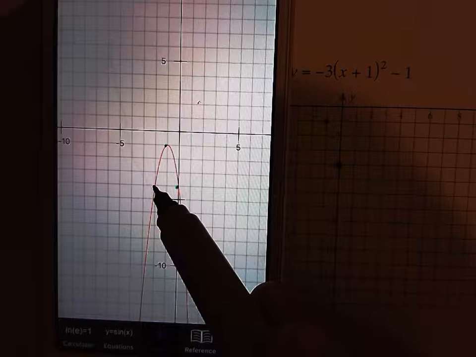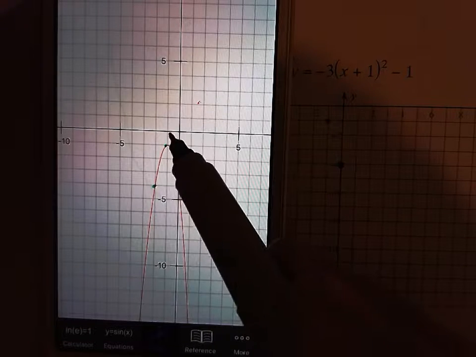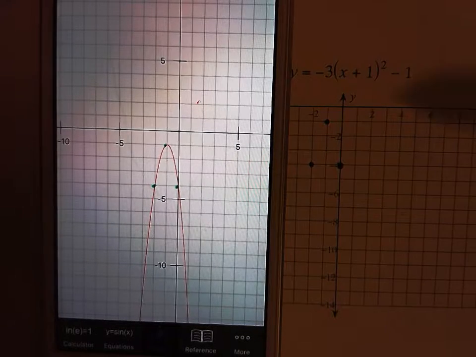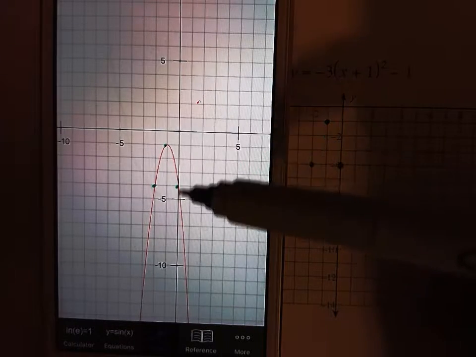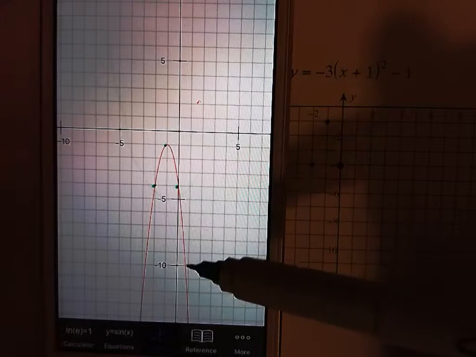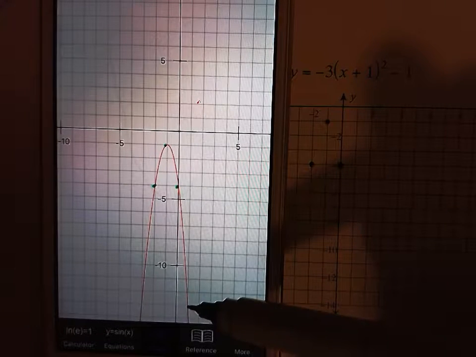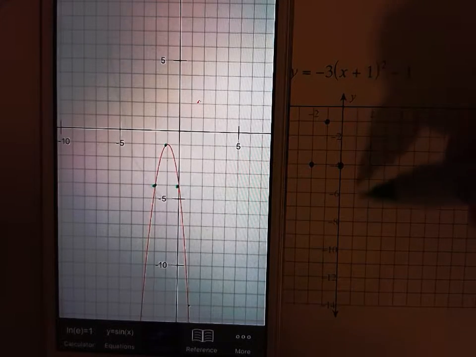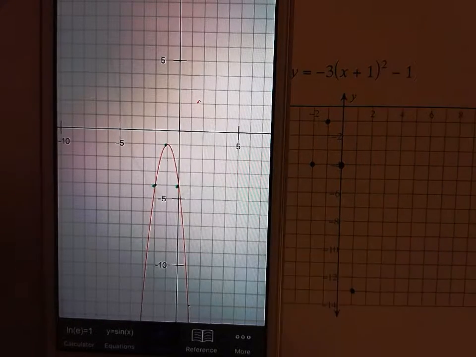You can also see there's a point at -2, -4. And if I go over to +1, it looks like it's -13. So +1, -13.